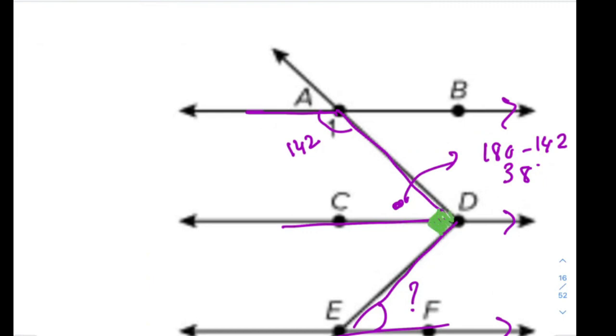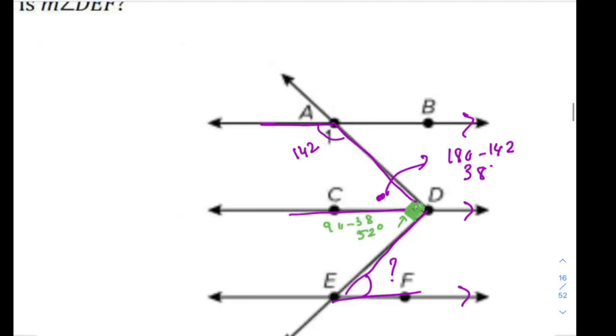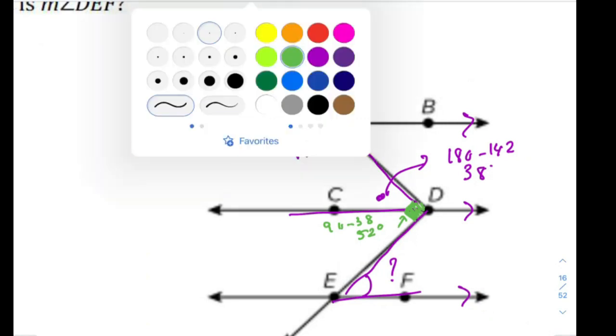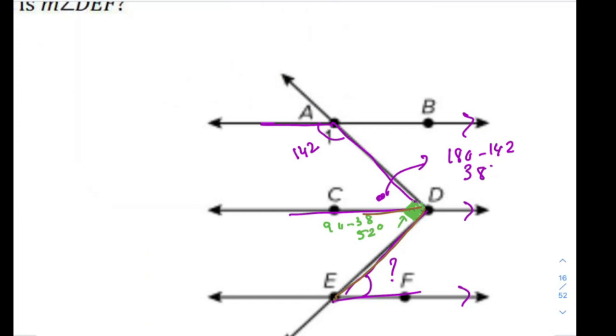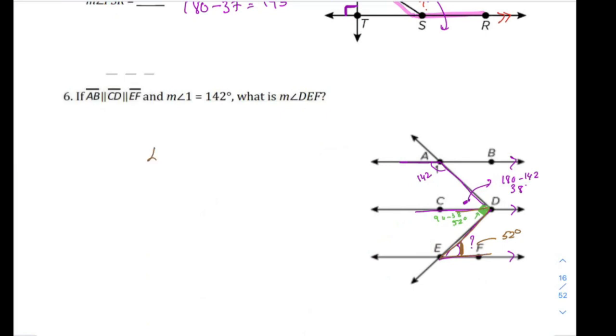So if this angle is 38, then this angle will be 90 minus 38, which is 52 degrees. Done. Now, since this angle is 52 degrees, and this is alternate interior angle with that one, this one is definitely 52 degrees. So the answer needed is 52 degrees.